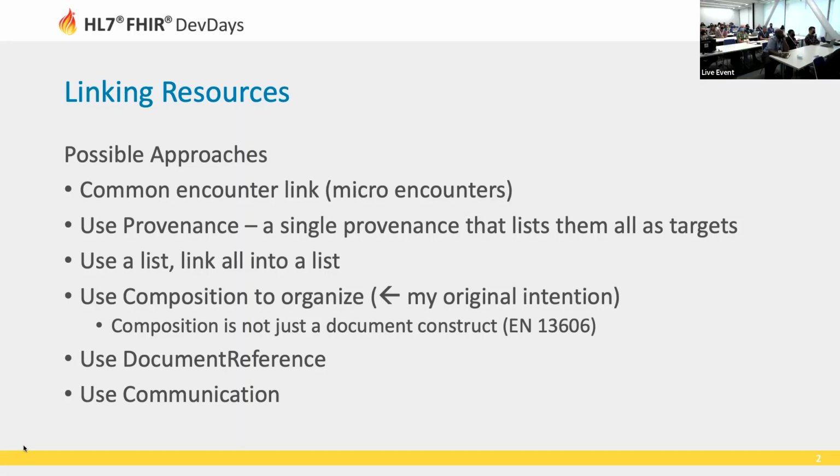I'm really nervous about the idea that composition changes meaning or interpretation of data at all. Yeah, but welcome to the real world, because that happens. I mean, if a condition has a particular relationship to an encounter, that relationship is represented on the encounter.